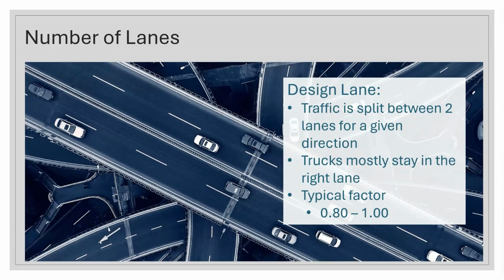So let's say you have a 4-lane roadway, like what's shown in the picture. You have more than 1 lane going the same direction. The thing that's important for this is that truck traffic typically stays in the right lane. Most of us would like for them to stay in the right lane. They don't always, but usually that's kind of the designated truck lane. So our heavier loads tend to be on that outside lane.